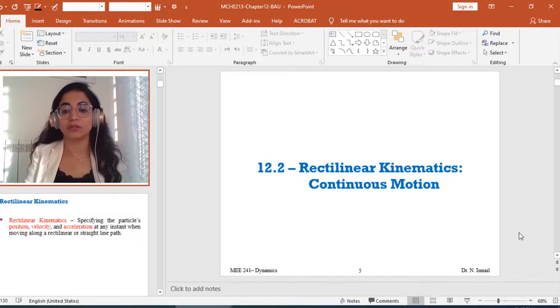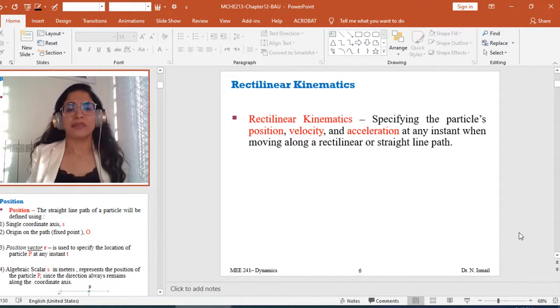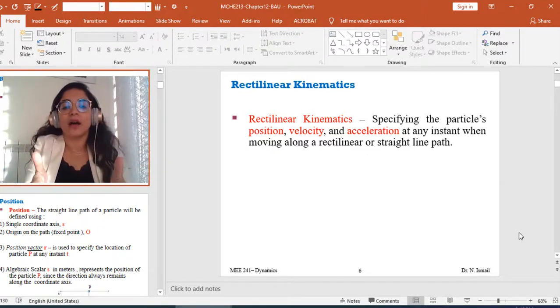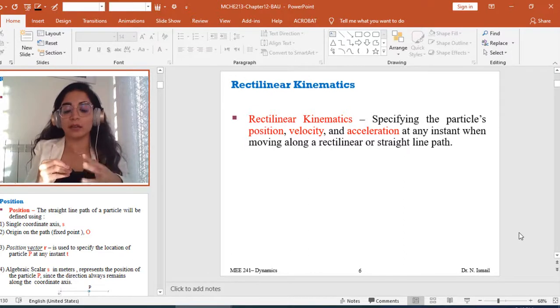So let's start the kinematics of a rectilinear motion. What does this mean? What is a rectilinear motion? Rectilinear motion, as its name in French suggests, means I have a straight line path. So this particle is going over a straight line path.